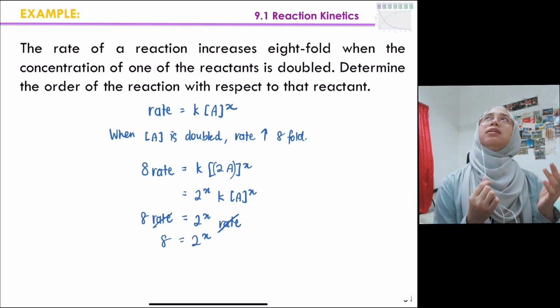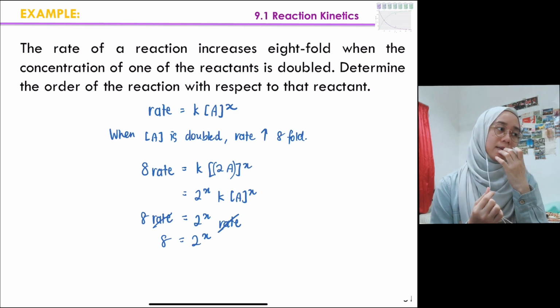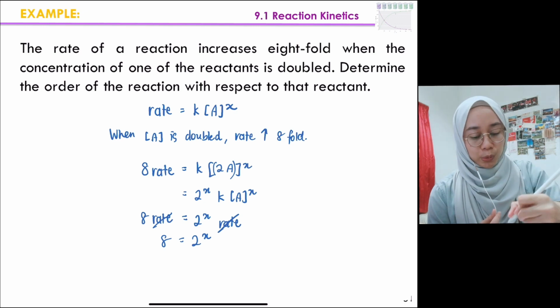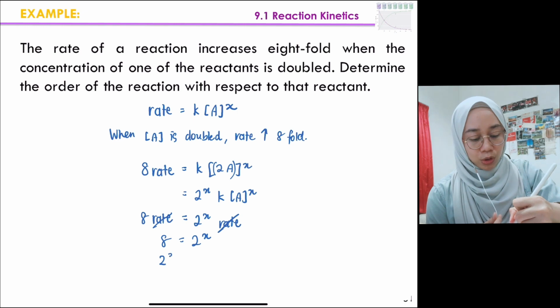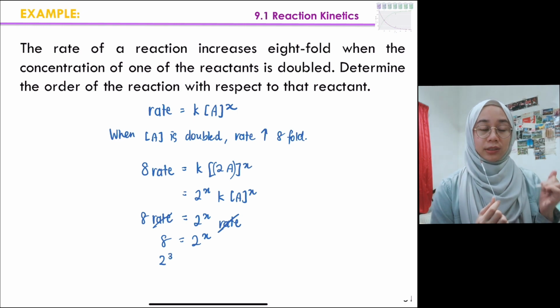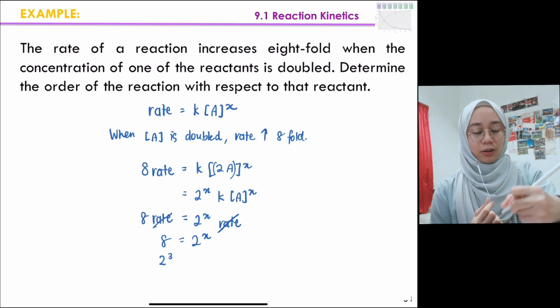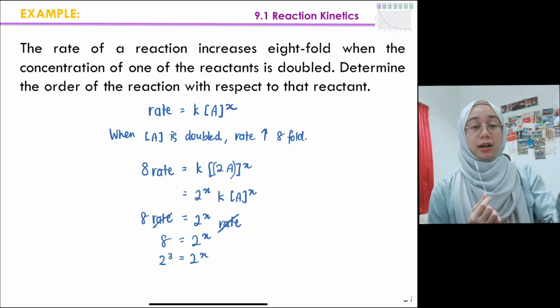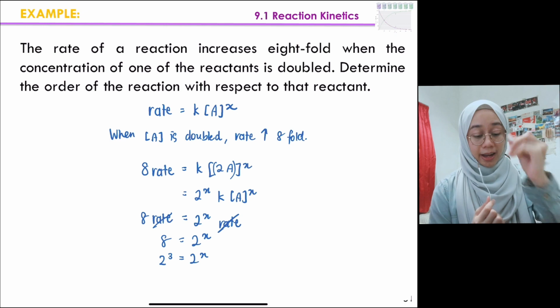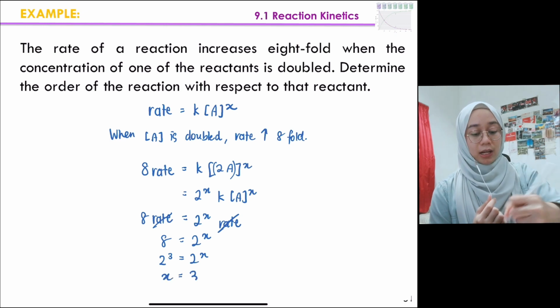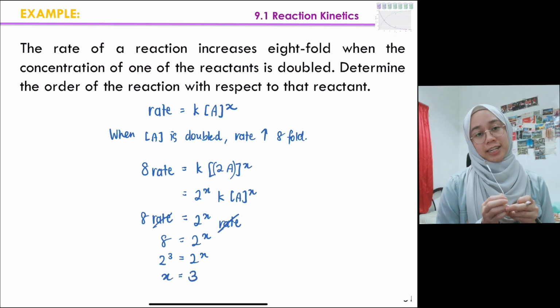So 8 adalah 2 to the power of 3 kan? To the power of 3. 2 darab 2, 4. 4 darab 2, 8. Okay, to the power of 3. And then, now, you have the value of X. Kamu dah ada value untuk kita punya order of fraction.